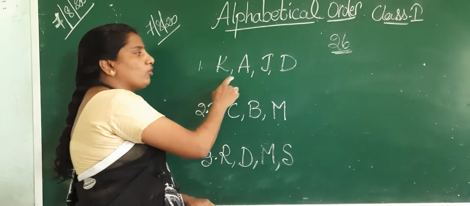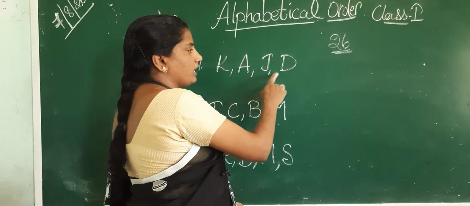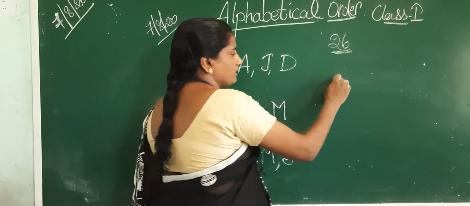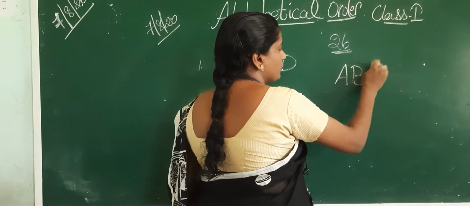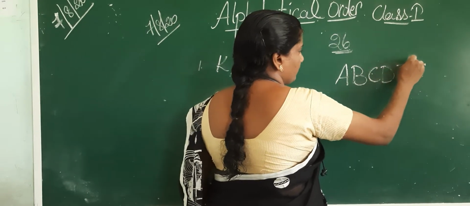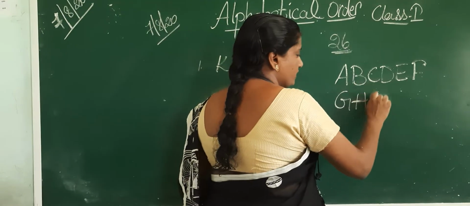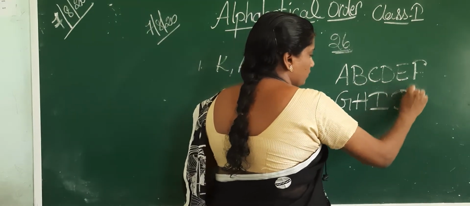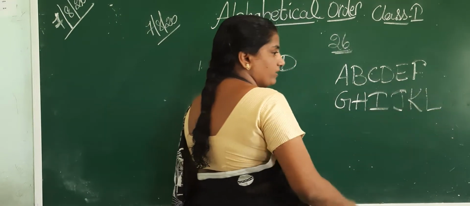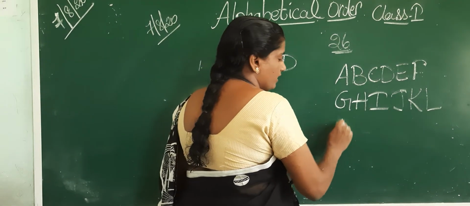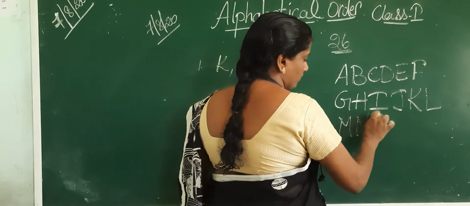Here I gave 4 letters: K, A, J, D. If I write here the alphabets A to Z, then it will be easy for you to write the alphabetical order correctly. But you should not write in your notebook in this way. For your convenience here we are writing.